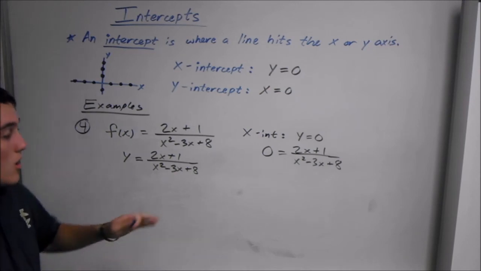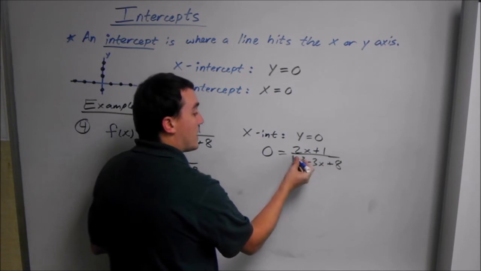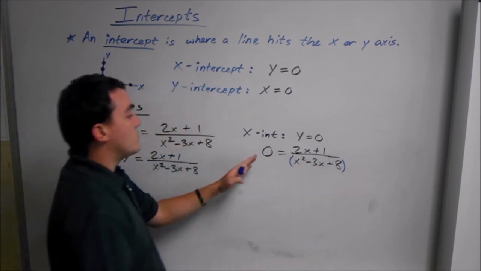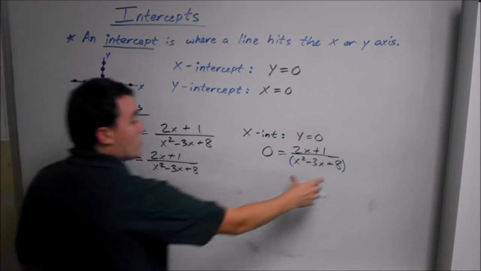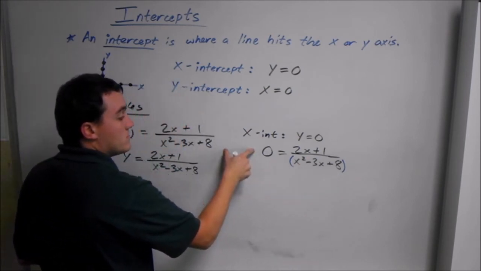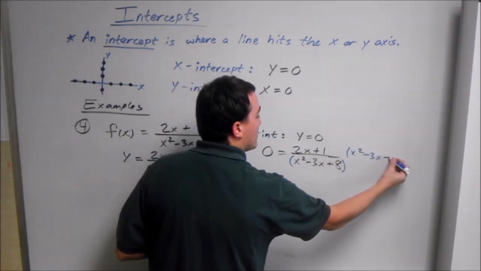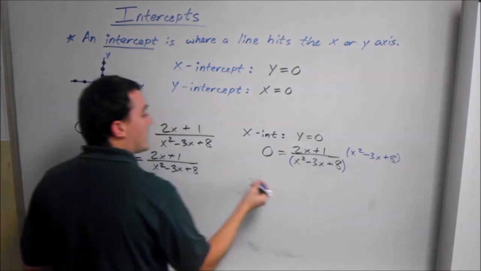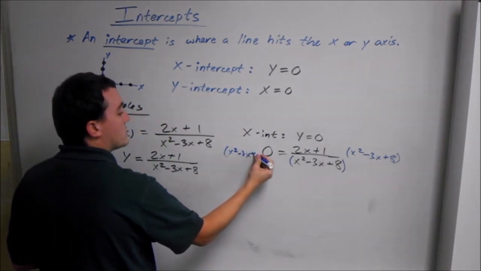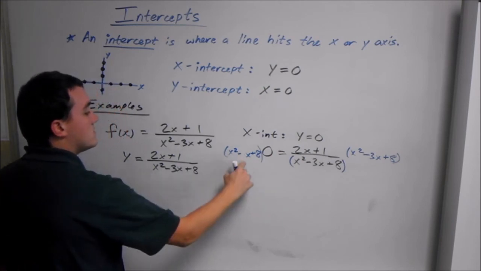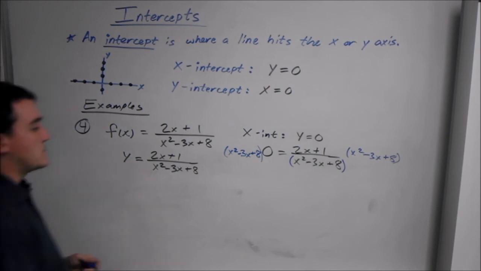So to get everything from the bottom up top, we have to move it to the other side. And the only way to do that is to multiply both sides by this. And what happens is we're multiplying this times 0, as we multiply both sides by x squared minus 3x plus 8. Those cancel. Zero times anything is 0.